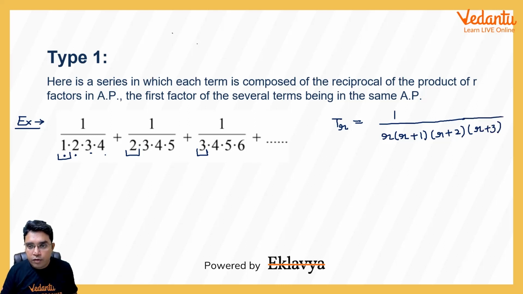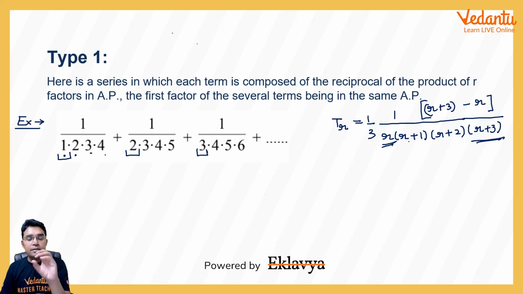Now what we will do, we will multiply by the difference of the extreme factors written in the denominator. So what is the difference of the extreme factors? r+3 minus r, and this is nothing but 3. So we will divide by 3 also, so that this T_r remains the same as it was earlier. But what is the benefit of doing this?